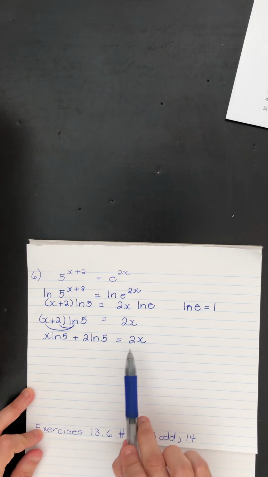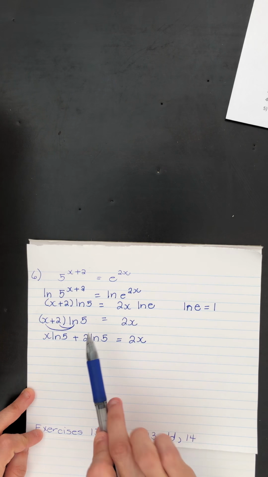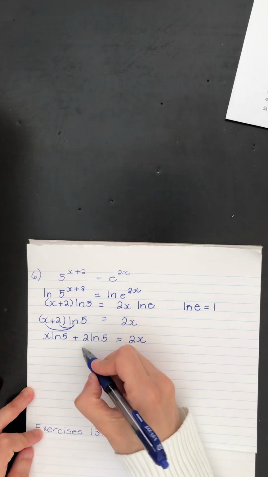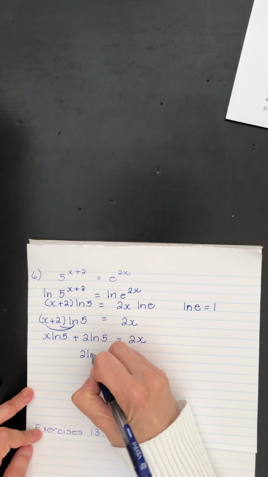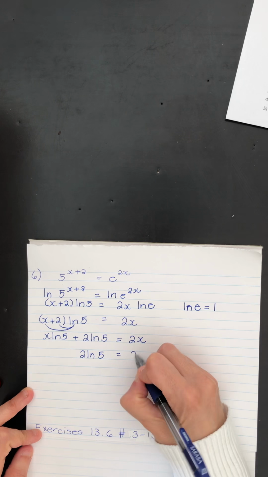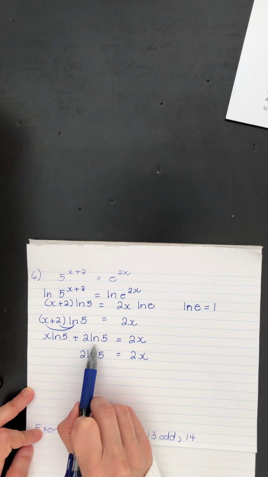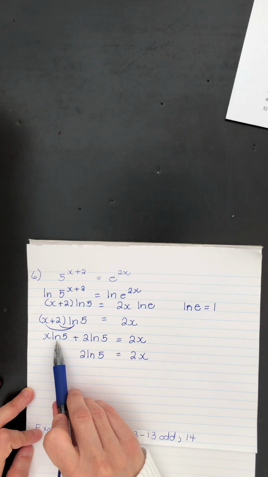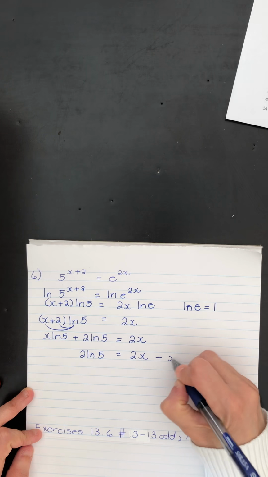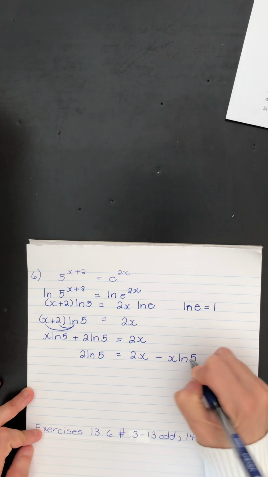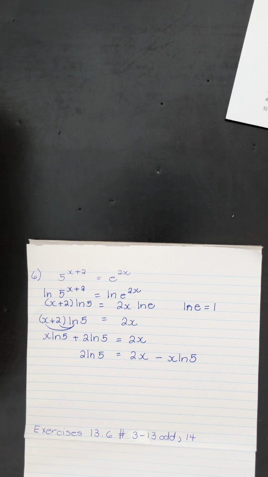But you could do the reverse. You could bring this to the left and this to the right if you like. But I think I will just move one term, and it's this one. Currently it's being added to ln 5. So when I bring it to the other side, I need to subtract, like that. Always the opposite operation.